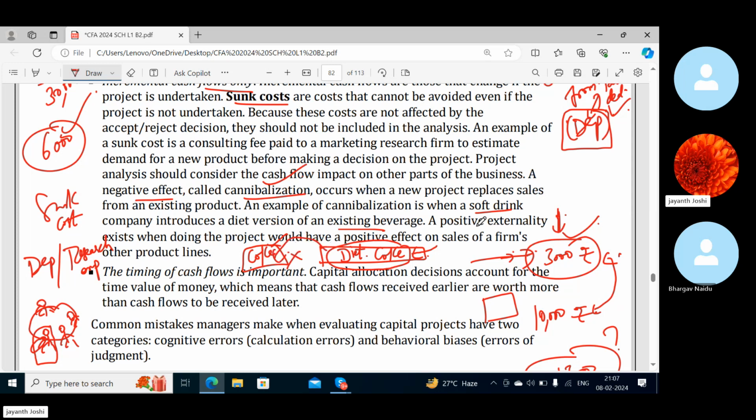So don't do such things whereby one product of yours can impact the other product's sales. A positive externality exists when doing the project would have a positive effect on sales of a firm's other product line. That means if they would have launched something which would have enhanced the Coca-Cola sales, that would have been great. Not this.